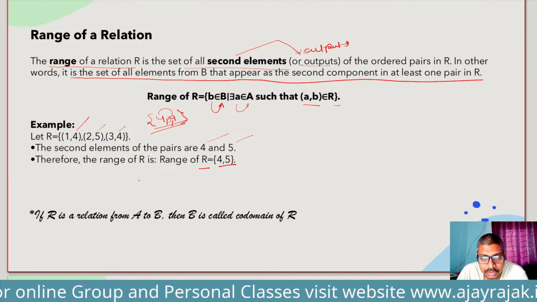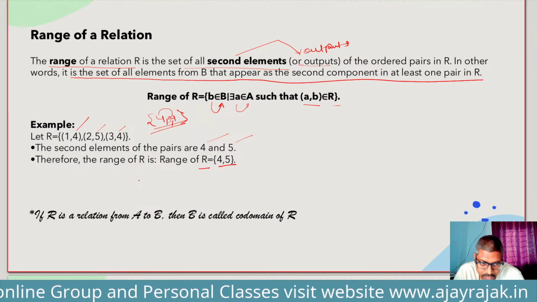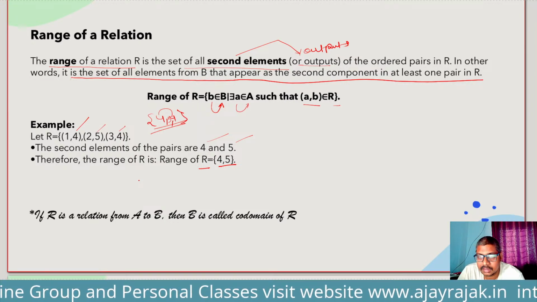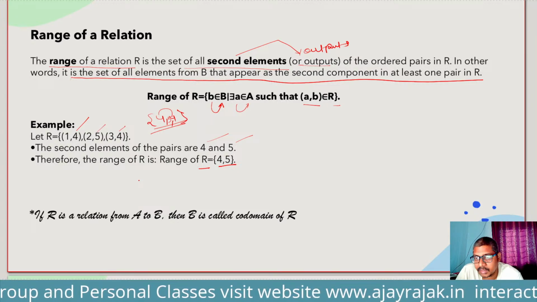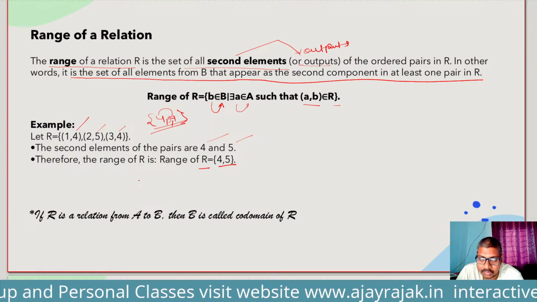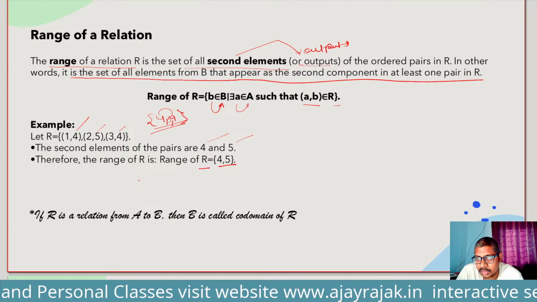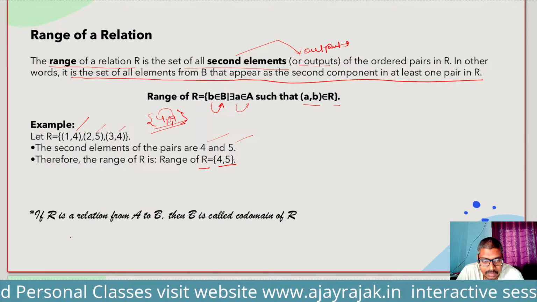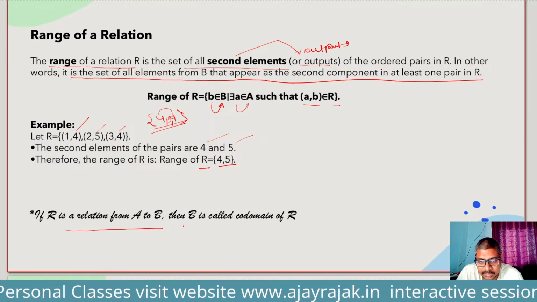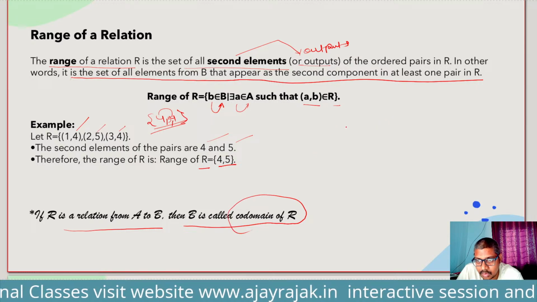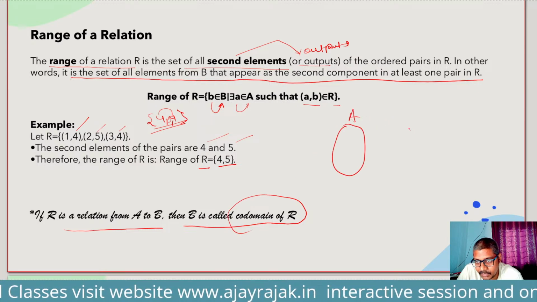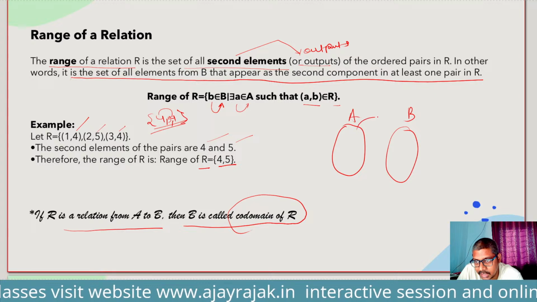So you studied two things today, the domain and the codomain. They are very important concepts in relations. If R is a relation from A to B, then B is called the codomain. Suppose this is a set A and this is a set B and they are related to each other.